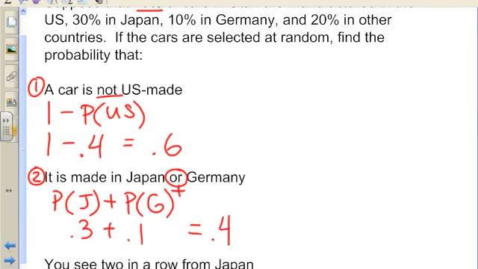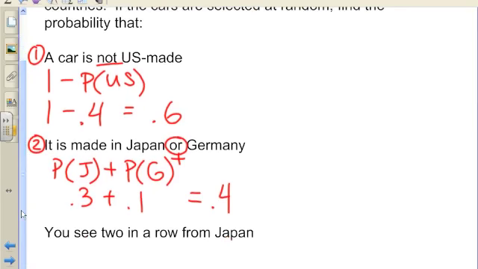All right, and number 3, we see 2 in a row from Japan. Well, 2 in a row. That means I need to see a Japanese car and then another Japanese car. Aha. Japan and Japan. That word and, it's our clue we're going to multiply.